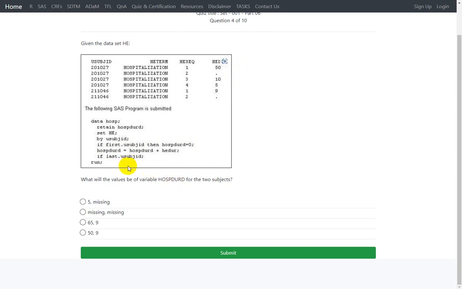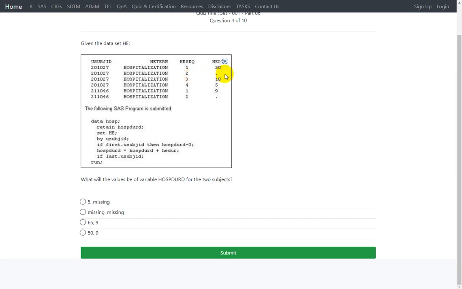Again, when this statement is being executed, HOSPDURD has a value of 50, and to this we are adding HEDUR. On this record, the value is missing. So what happens when we add a missing value to another non-missing value in SAS? Addition or any arithmetic operation with missing values would result in a missing value.